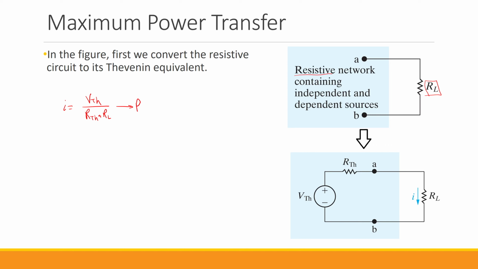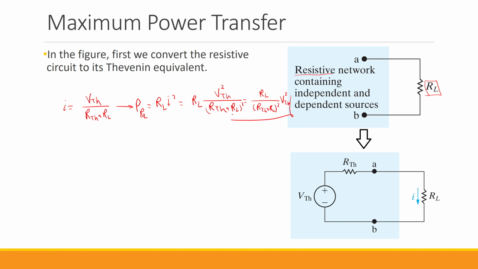What is the power for RL? So I call it P of RL equals RL I squared, or it is RL multiplied by VTH squared over RTH plus RL squared, or I can write it a little bit nicely as RL over RTH plus RL squared multiplied by VTH squared.